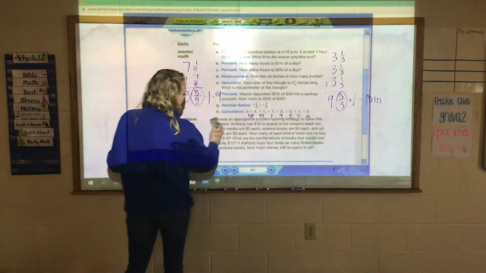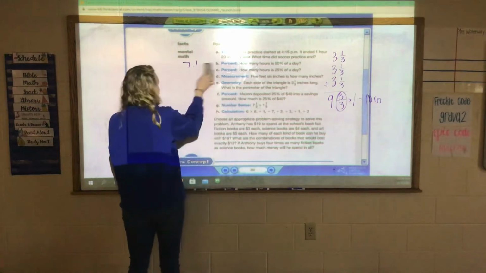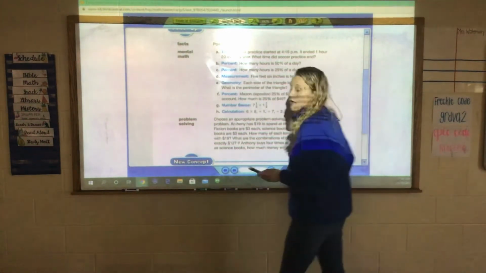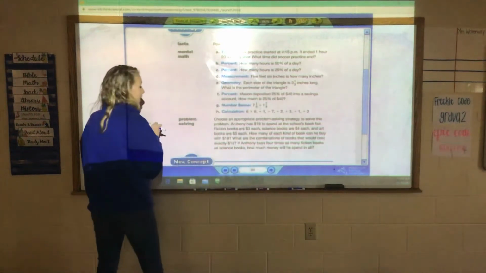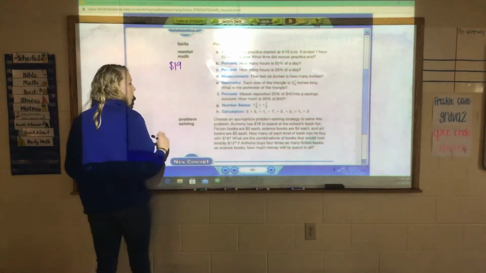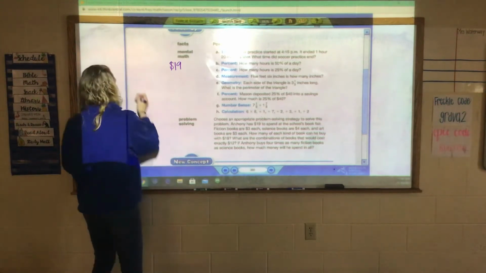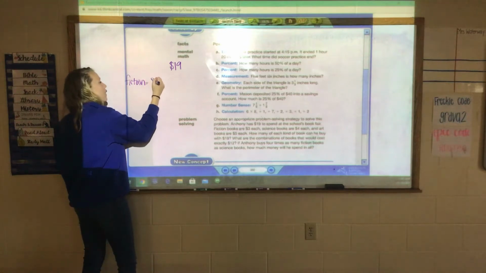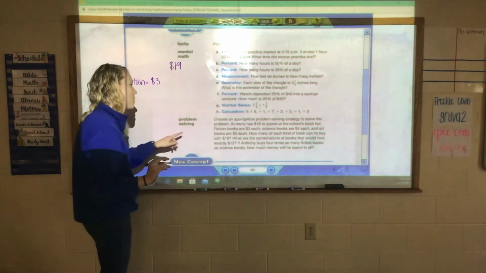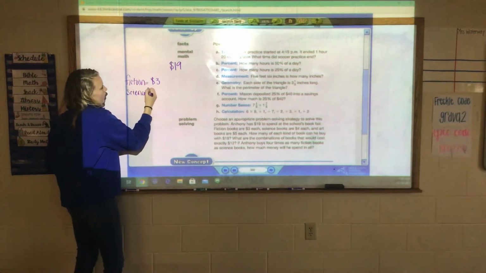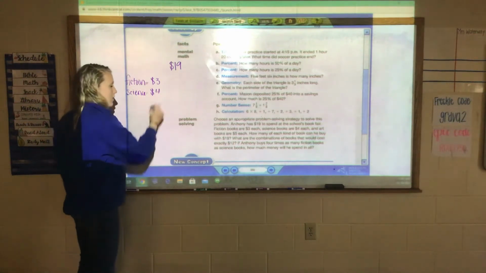So here's what we have to do. He has $19. Man, Anthony, $19, that's a pretty decent amount for your books. So $19 total, okay? Fiction books are $3. Science books are $4.